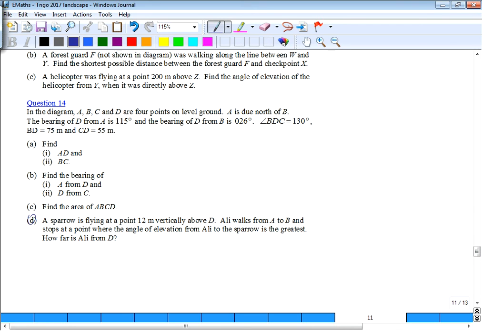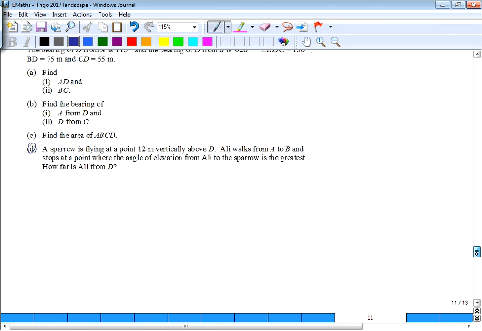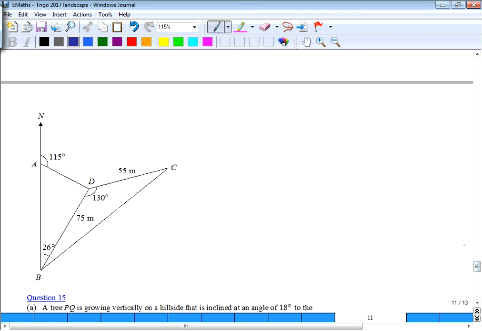Okay, sparrow flying vertically above D, Ali walks from A to B, stop. So the sparrow is above point D. Ali walks from A to B, downwards.